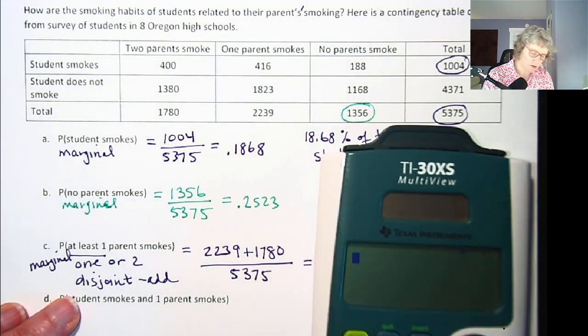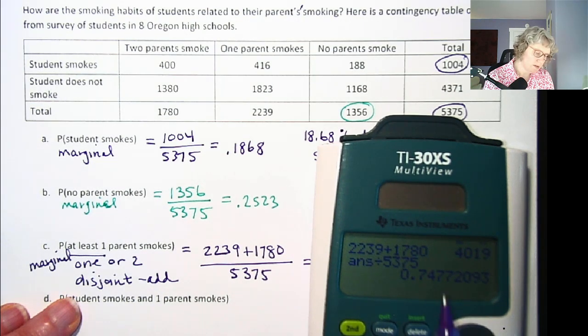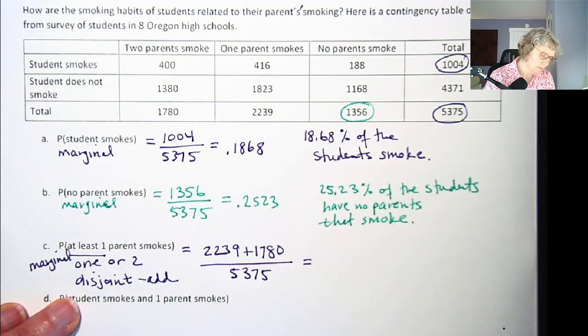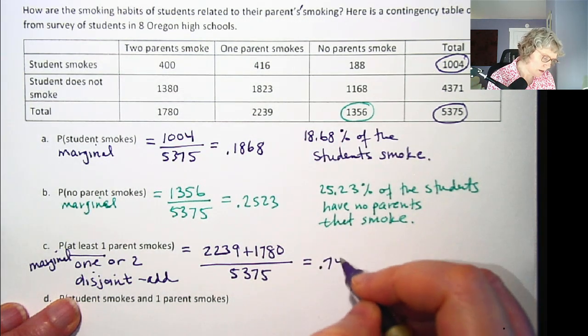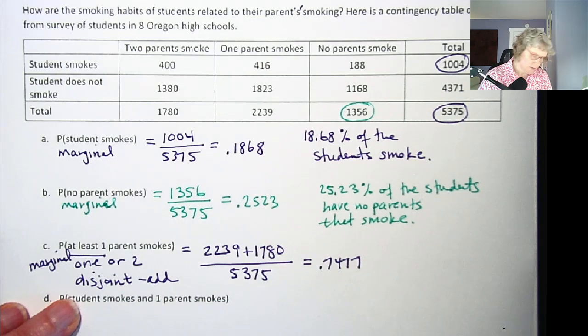Let's see what we get here. 2,239 plus 1,780, hit enter. I get 4,019 divided by 5,375. And that is 74.77%, or 0.7477.